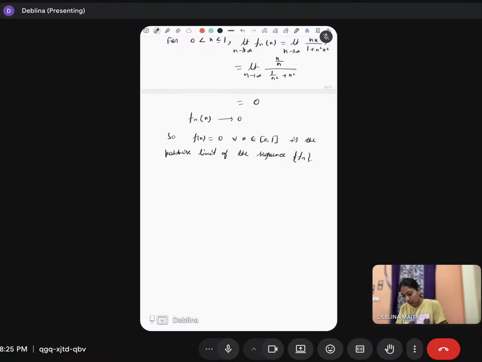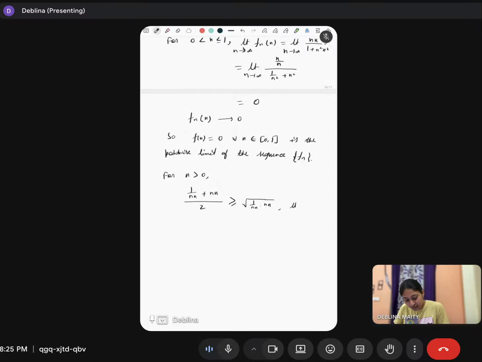Now for x greater than 0, we know that the arithmetic mean of nx and 1 by nx, that is this number, is greater than or equal to the geometric mean of these two numbers, which is equal to square root of 1 by nx into nx, right?